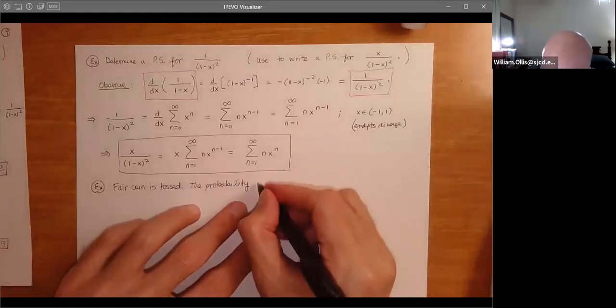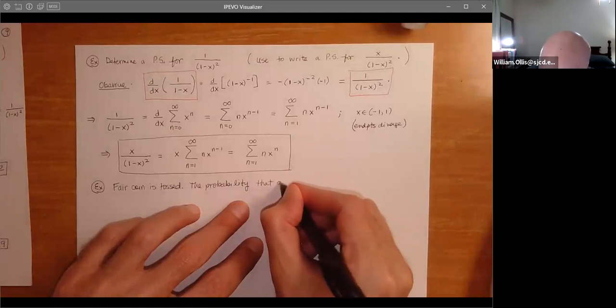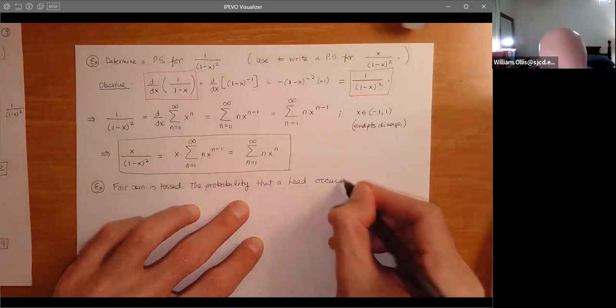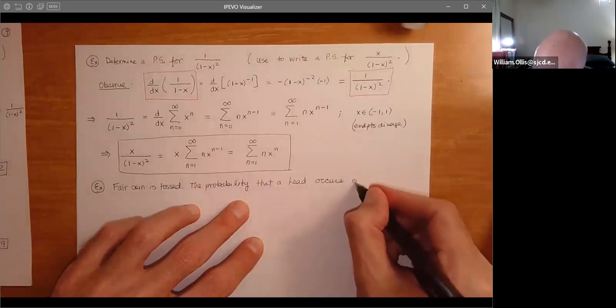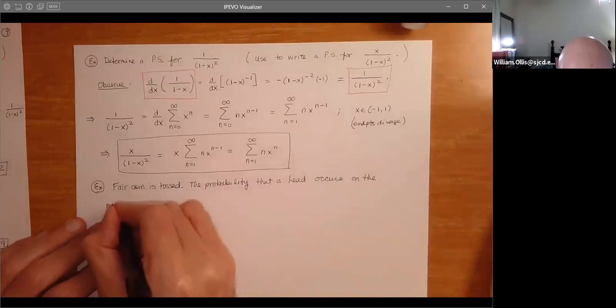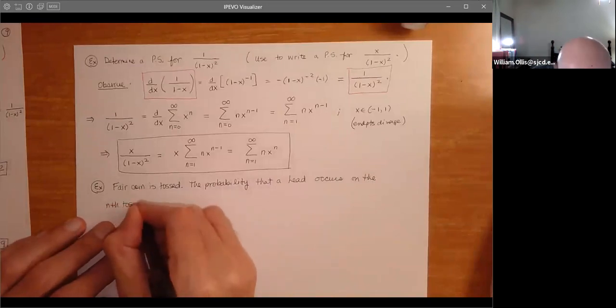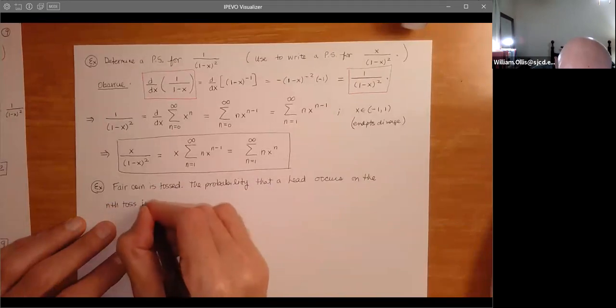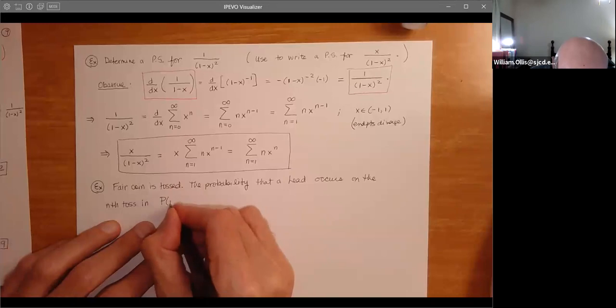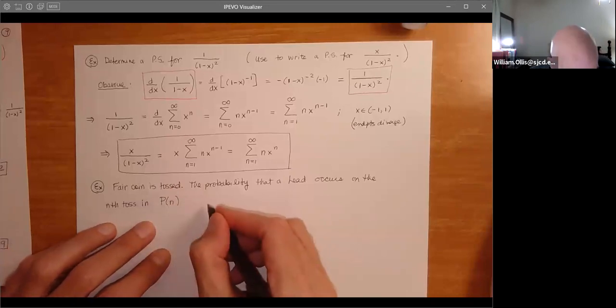The probability that a head occurs on the nth toss is, and this is written this way, that is, we have the probability of a head on the nth toss.